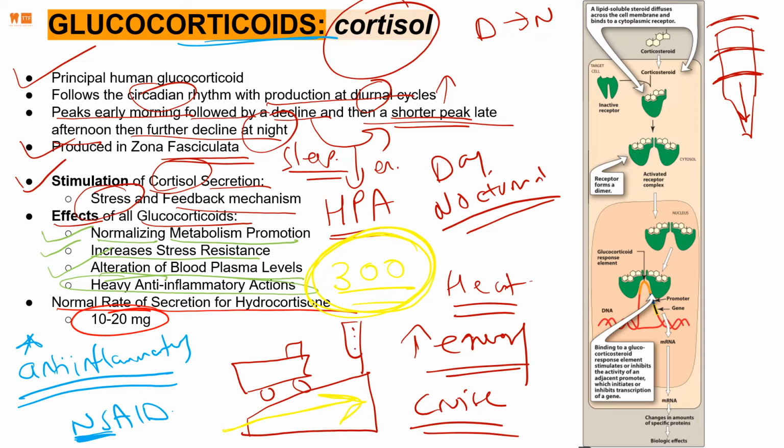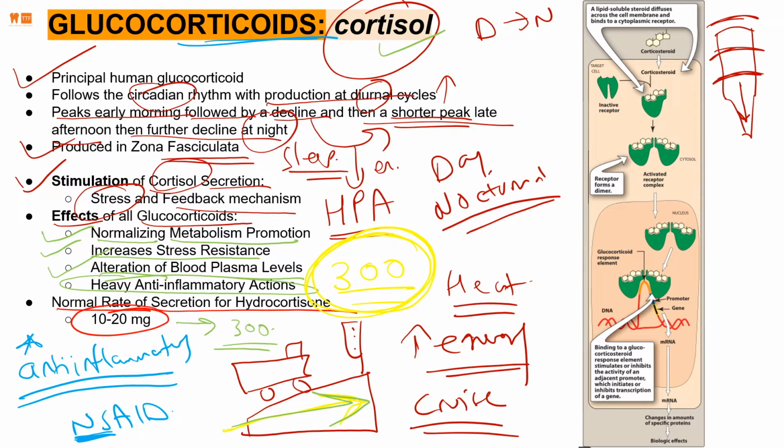Your blood needs to flow, your metabolism needs to go. Otherwise, you're going to collapse. Therefore, this 10 to 20 milligrams goes all the way up to 300 milligrams. That 300 milligrams of cortisol does normalizing metabolism, increasing stress resistance, anti-inflammation, and so on and so forth to fight this stress right here. Fair enough?